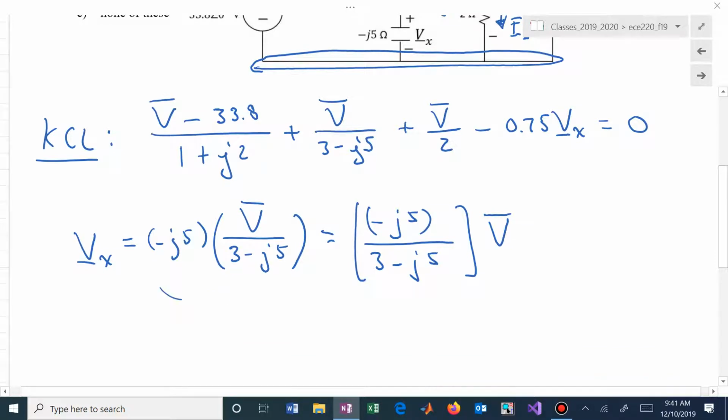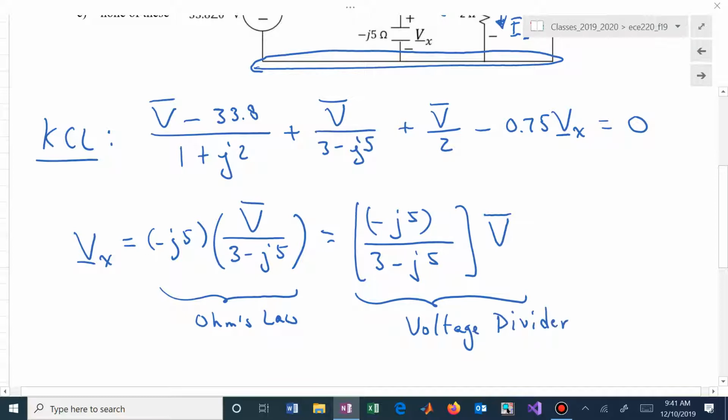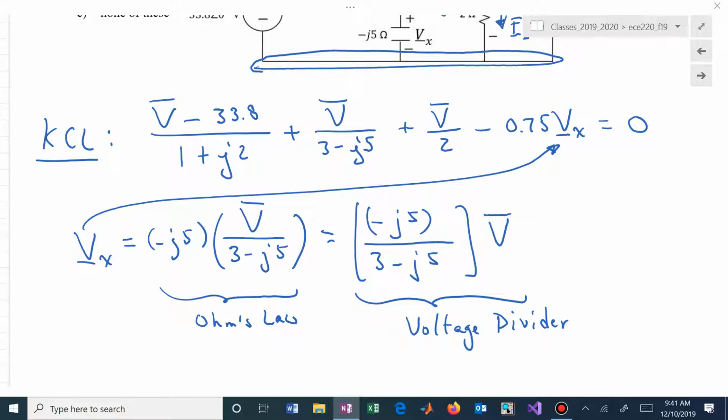This was Ohm's law, and this was voltage divider. But they both yield the same result. Now what we need to do is put this in there and solve for V. It's just tedious, but you can do it. It's just keeping track of all of the complex numbers.